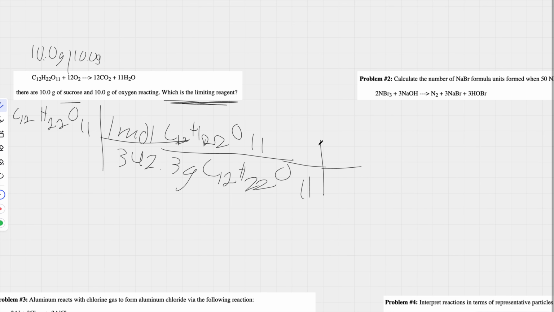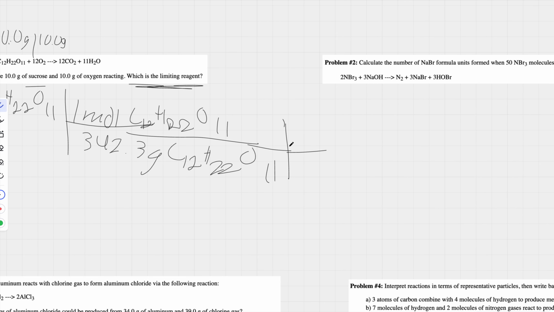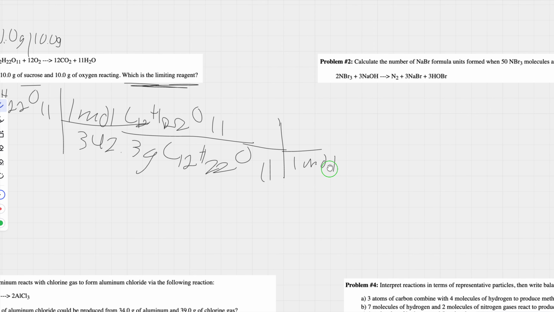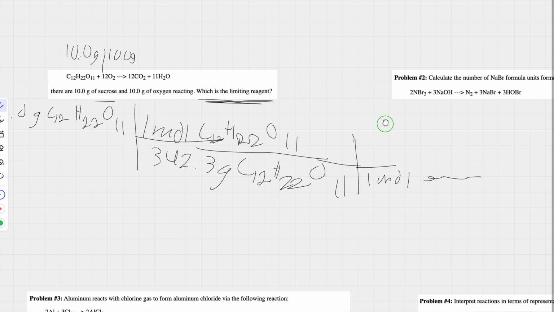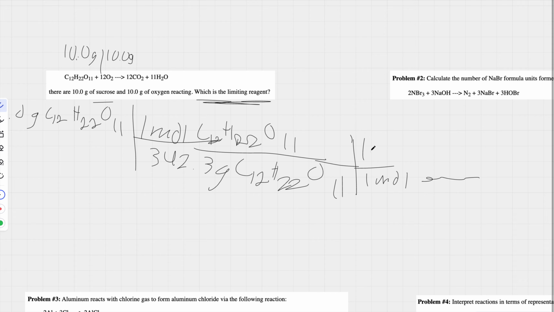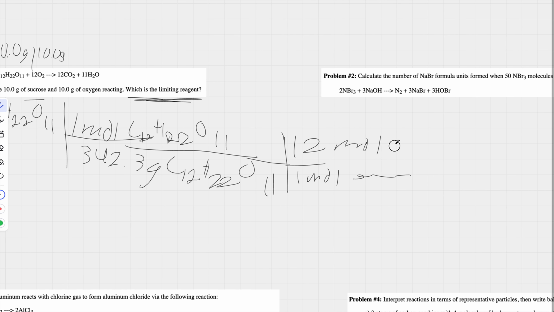So here we just use the mole ratio. There's 1 mole of sucrose, I'm just going to write this because it takes a while to write that. And then here we just put 12 moles of carbon dioxide.